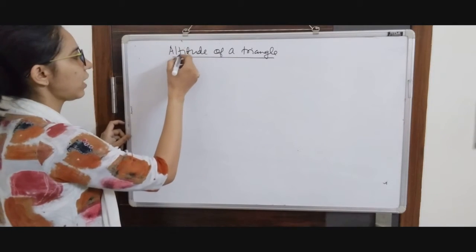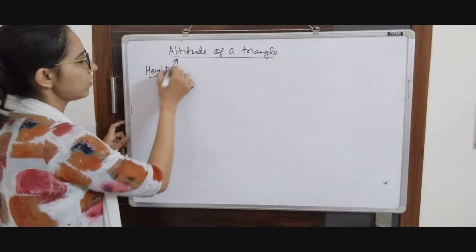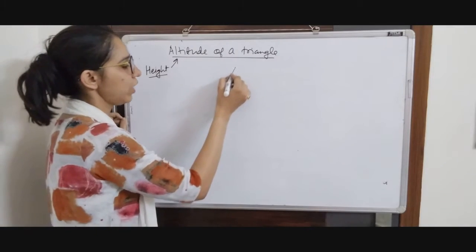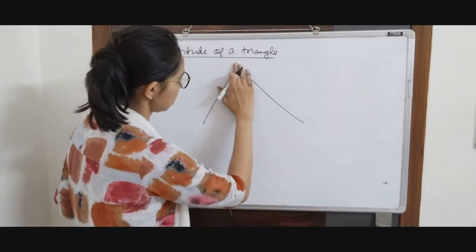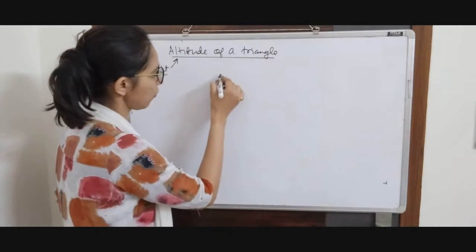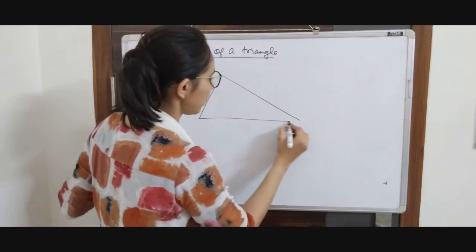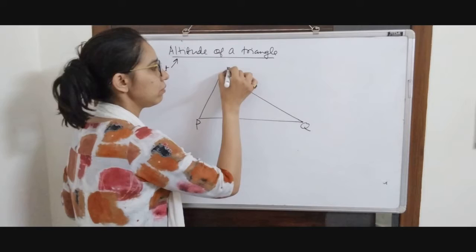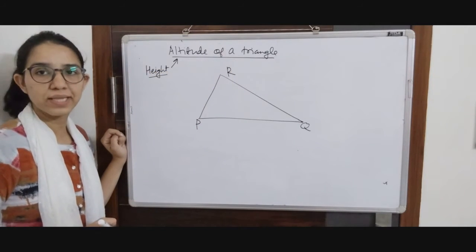So altitude means height. So we want to know the height of a triangle. Suppose you have a triangle like this, and this is your PQR. I named it PQR.